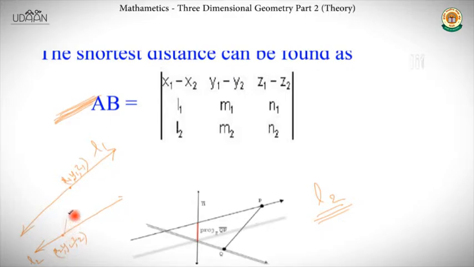These are the direction ratios of these two, L1, M1, N1 and L2, M2, N2. So the shortest distance is like this. It can be solved, but the process is quite tedious.